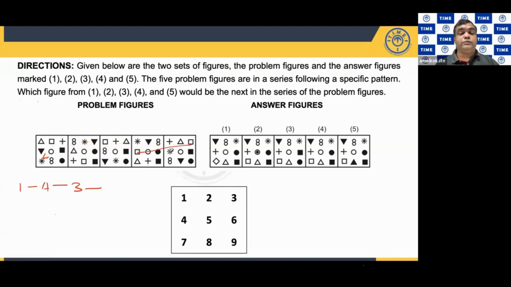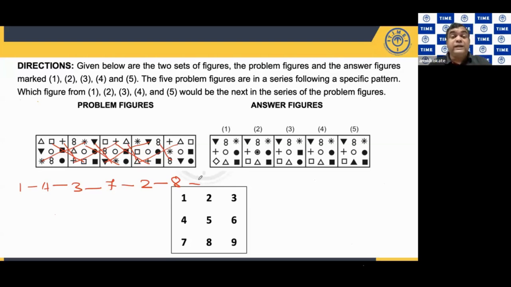Where the third element goes, look at here, 3 goes to 7. Where 7 goes, 7 goes to 2. Where 2 goes, 2 goes to 8. So like that you can form a loop. So whichever way you are comfortable.